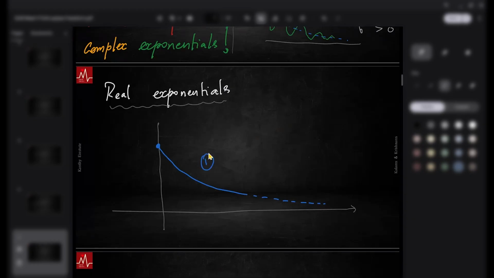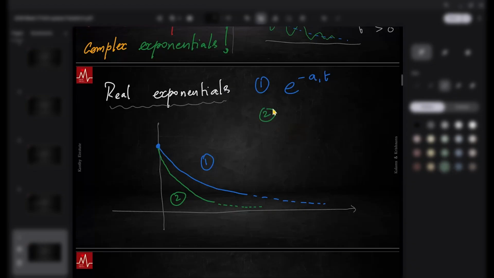I have drawn one. I have drawn two. One is e power minus a1t.